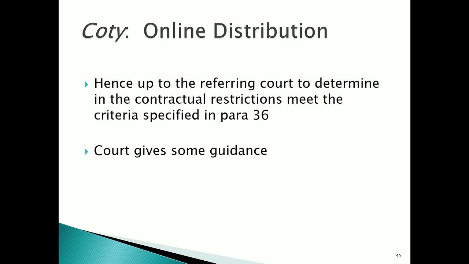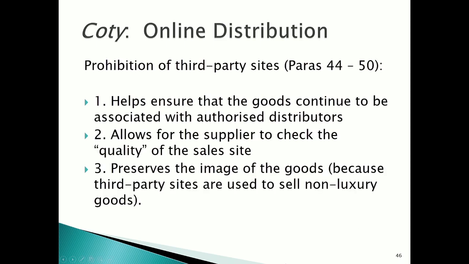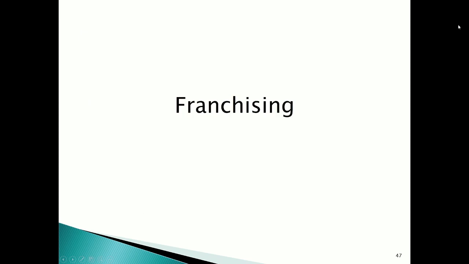Now, is the image that Coty wishes to reflect by preventing third-party platform distribution of their products consistent with the image of their goods being sold in Superdrug down the street? I don't know. I'm not the luxury brand police, but to me that seems a bit inconsistent. Okay. Prohibition of third-party sites: the reason for it basically preserves the image and checks the quality of the sales site.